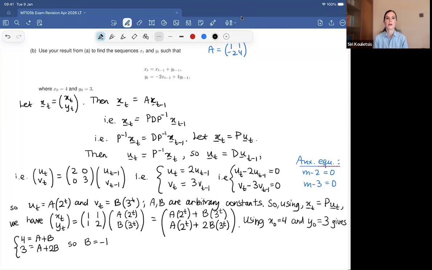We get that b is minus 1 and a equals 5.